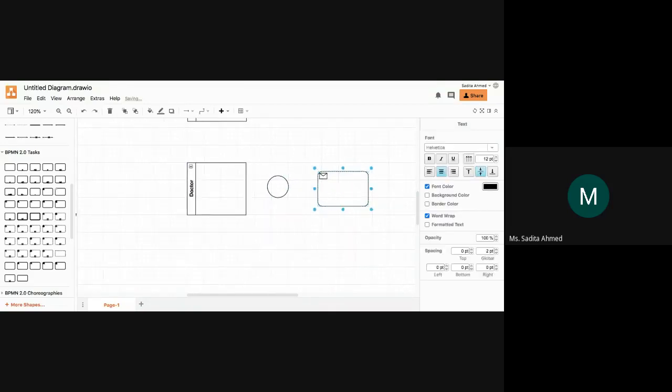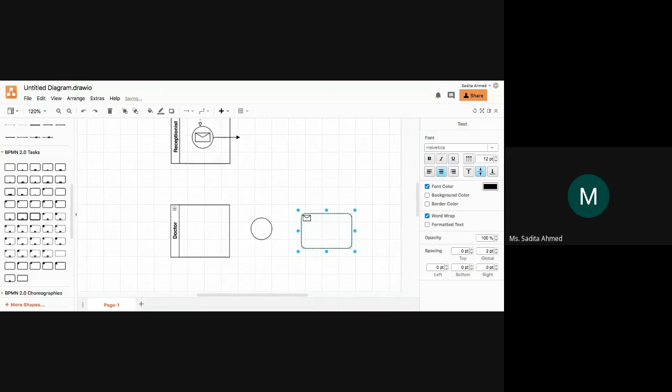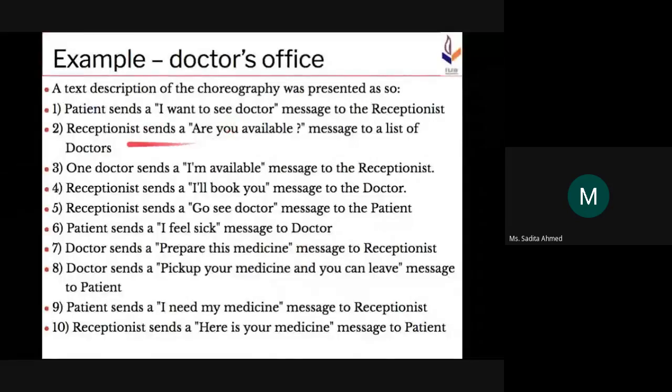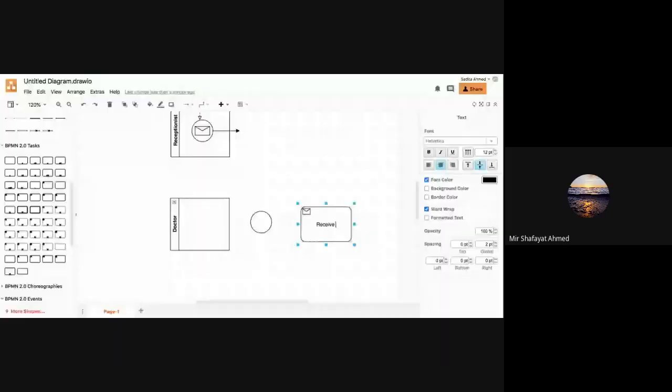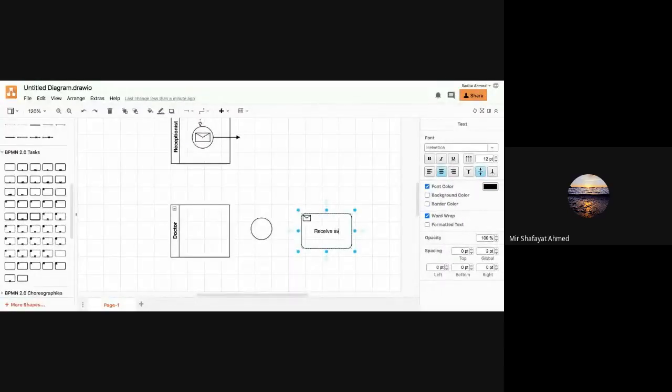And then what will be the task here that's performed? Let's go back. Are you available? So the receptionist is sending an availability request to the doctor. So the doctor will receive. Do we have to worry about the fact that there are multiple doctors?